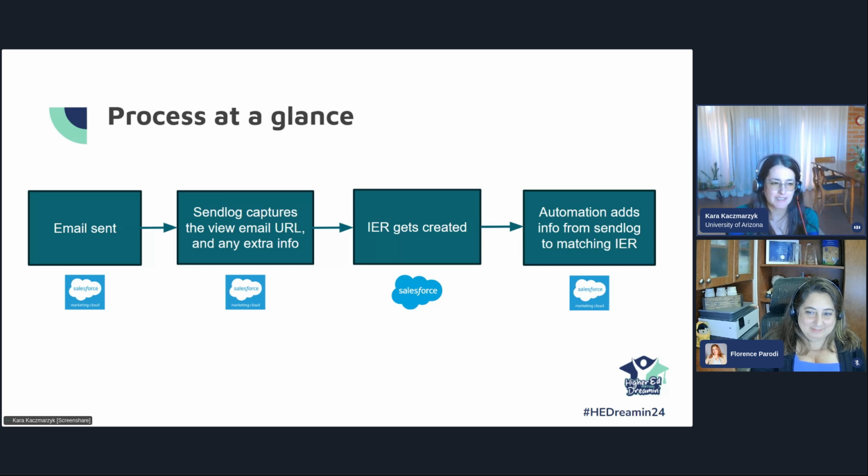Then automatically, an IER gets created after that email was sent. And then what we'll also be putting in place is that automation that takes any of the stuff you're now going to start to capture in your send log and sets it up on the IER.